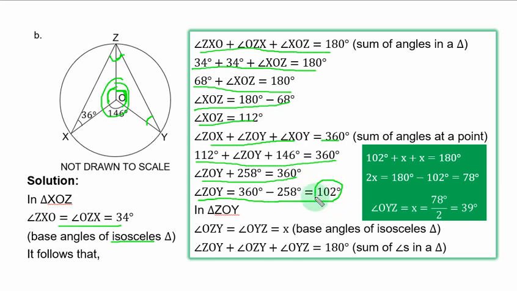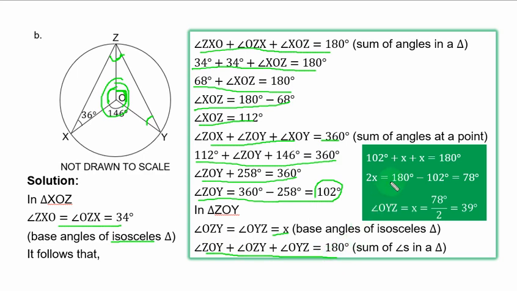Angle ZOY is now 102 degrees. We now move to triangle ZOY. The base angles are also equal. So let's denote the base angles by S. From the two base angles, you get angle OYZ, and you are asked to look for OYZ. So if you add the three angles, the sum is 180.